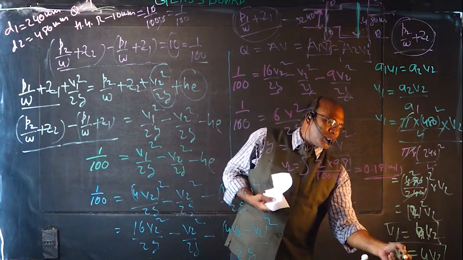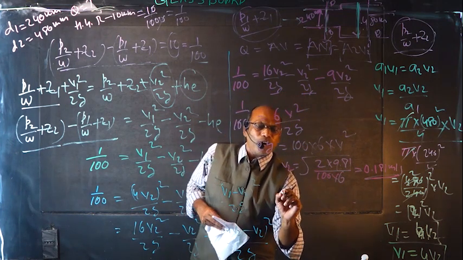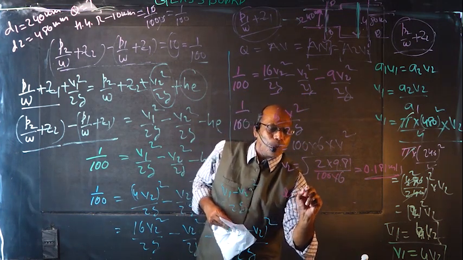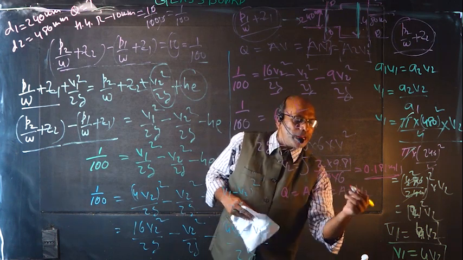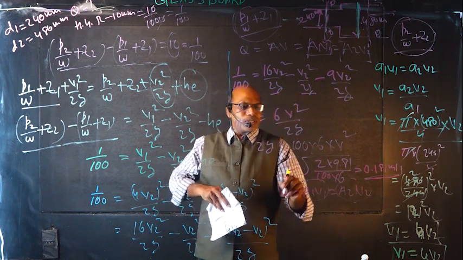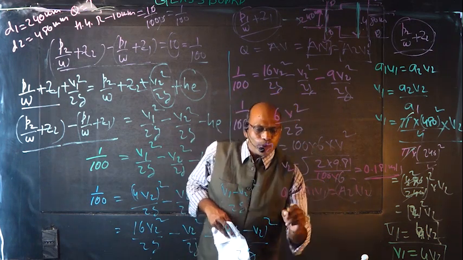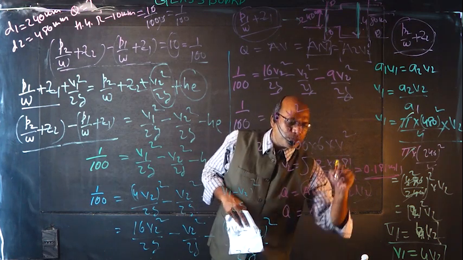V1 is equal to 4V2, and V2 is known to us. Otherwise, we can use any formula. Q is equal to A1 V1 equal to A2 V2. Any formula gives the same value. Therefore, we take Q equal to A2 V2.